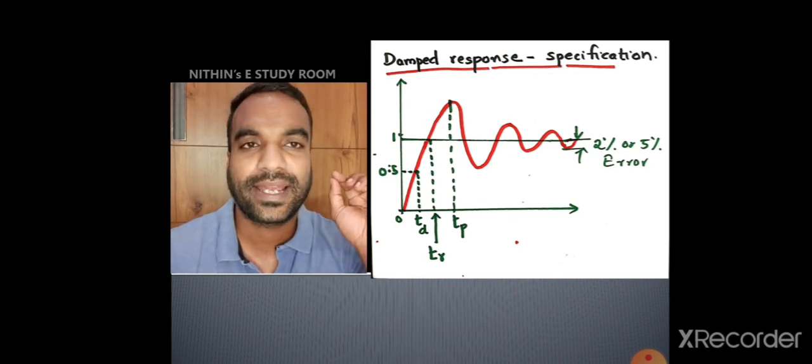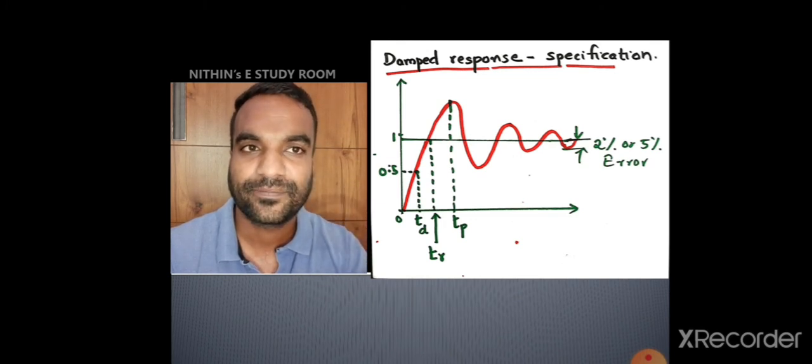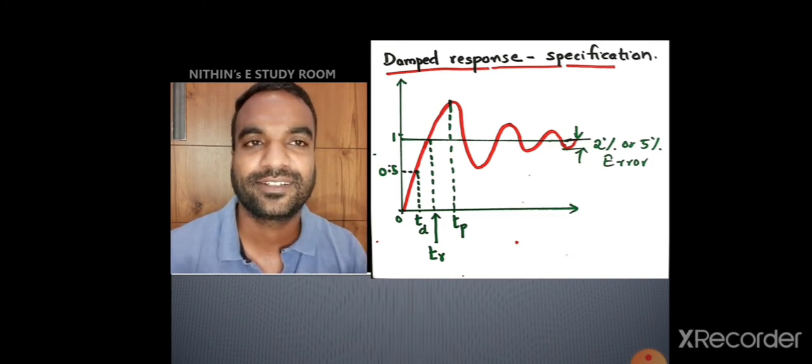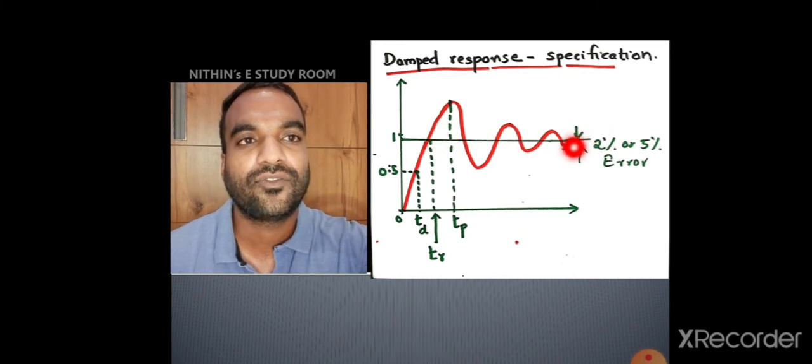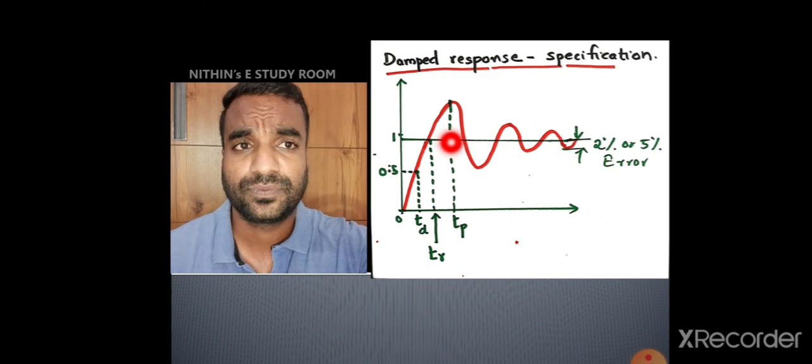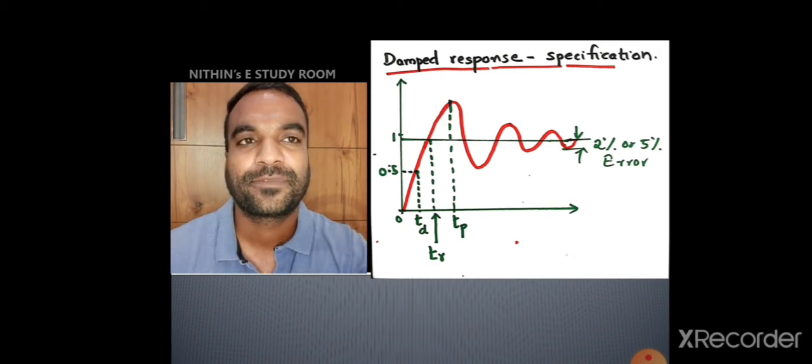So if we subtract C of infinity from C of TP, what do we get? C of TP is this value. C of infinity is this, the 1, which is the final value. So C of TP minus C of infinity gives this gap. What is this gap?